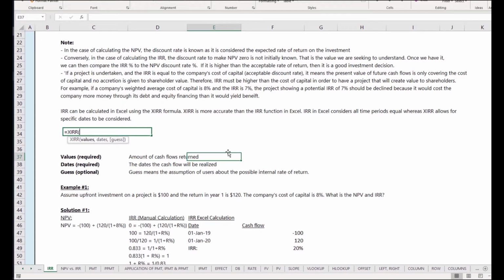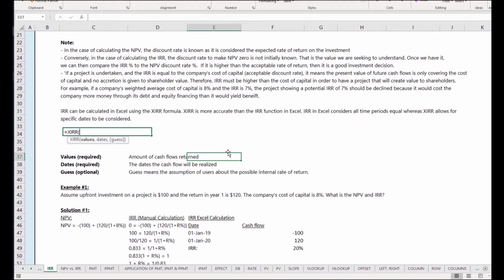Once we have it, we can compare that discount rate to the NPV discount rate. If it's higher than the acceptable rate of return, then it's a good investment decision. So again, we want to calculate what the internal rate of return is, and if it's higher than our acceptable rate of return, then we're going to pursue the investment and consider it to be a good investment decision.